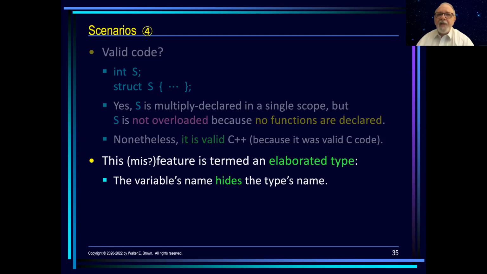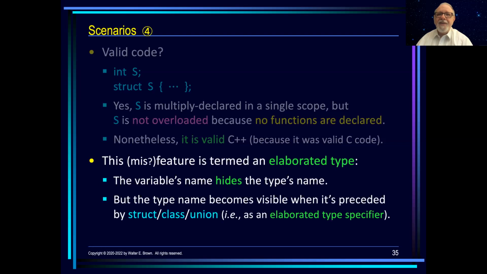Except that you can unhide the name of the type if you precede it with an elaborated type specifier, namely struct, class, or union. So even after that pair of declarations, if you say S, you're talking about the int. If you say struct S, you're talking about the type in the same scope.